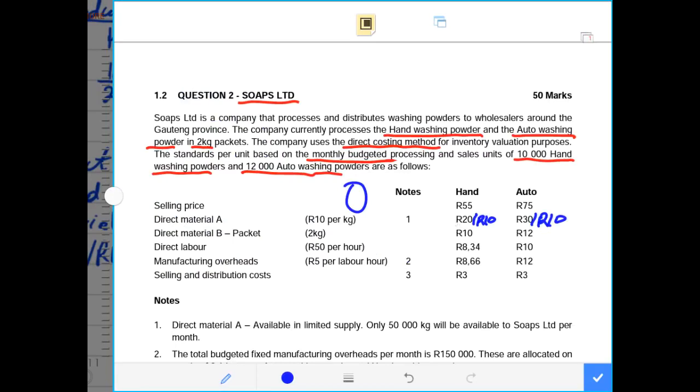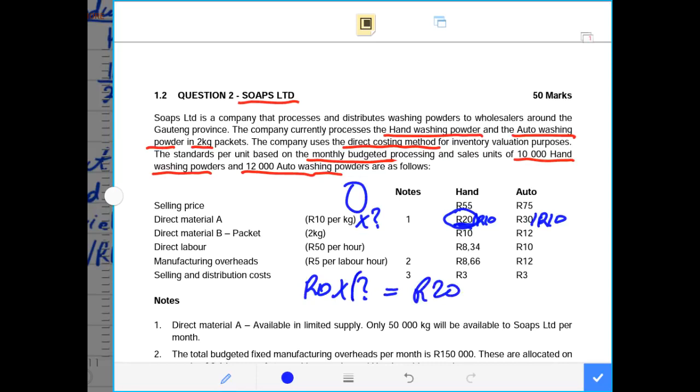We said it will be 20 Rand divided by the cost per kg, because in order for us to get to this 20 Rand, we would have said 10 Rand times by something. So now, if it was 10 Rand times by a question mark, it is equal to 20 Rand.